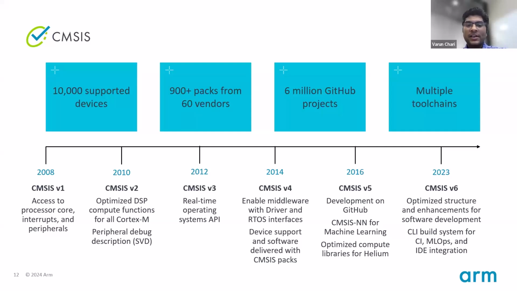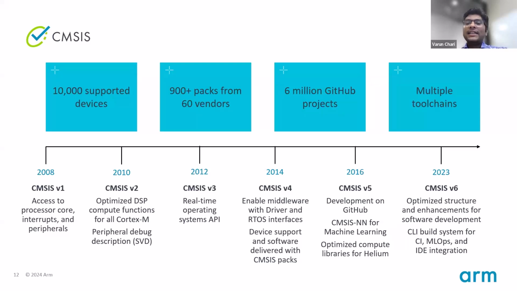Then in version 3, we added RTOS support for various RTOSs relevant at that time. And then in 2014, with CMSIS version 4, we added support for different middlewares like various peripheral drivers and RTOS interfaces, and these can be delivered using CMSIS packs. I will describe more about what a CMSIS pack is during my talk.